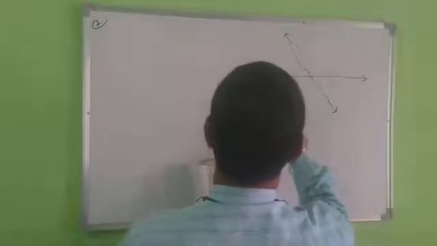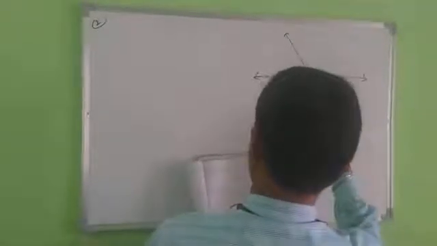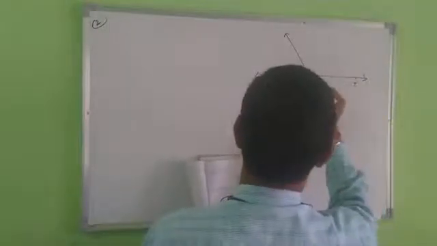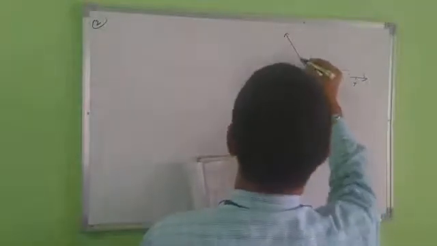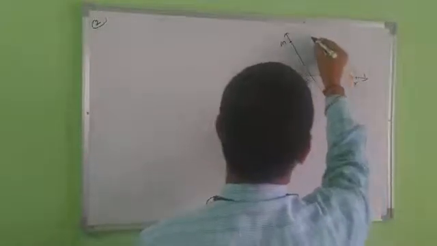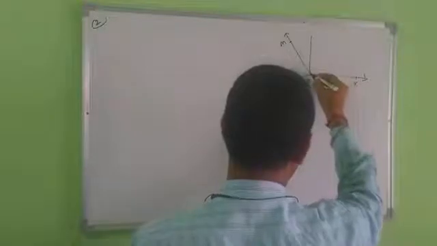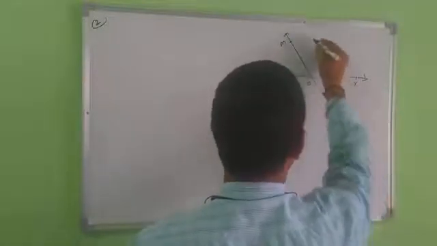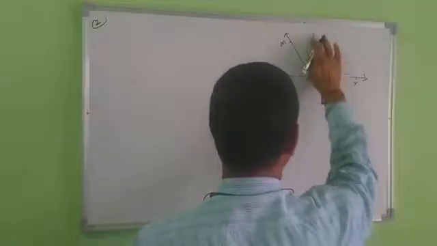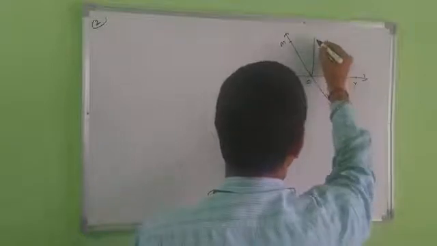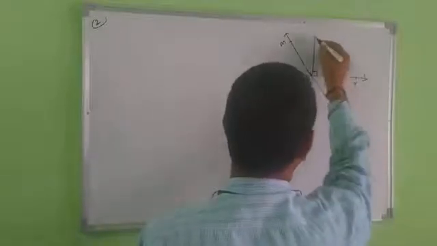Line XY, this is X and this is Y. The name of this point is O. This point is named M. And this is a 90 degree angle over here. This is also a 90 degree angle here.